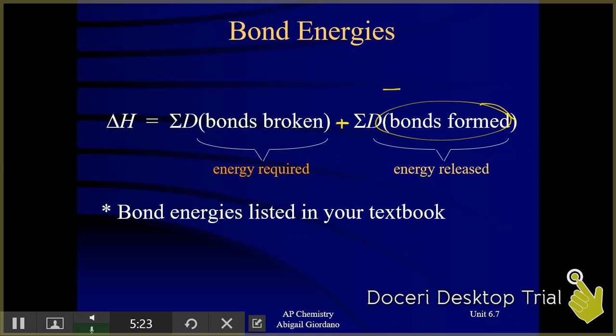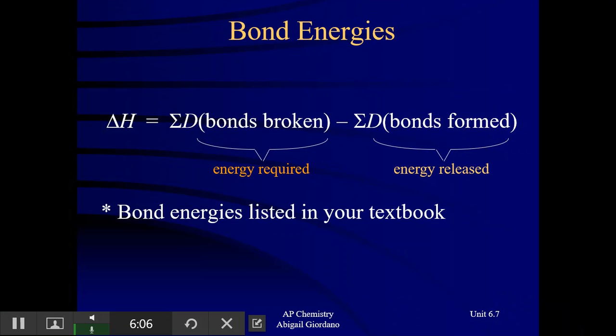I personally prefer to just keep all of the bond energies positive and just remember bonds broken minus bonds formed. But if you prefer to do everything as adding all together, you can certainly do that. Just make sure that you make all of those numbers negative. Okay, it's the same mathematical process.